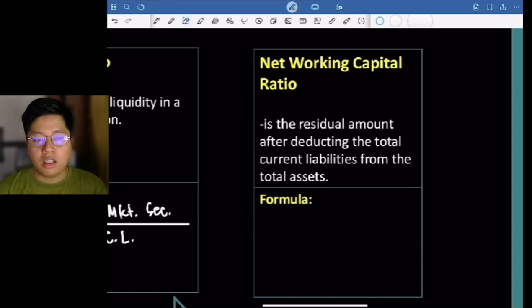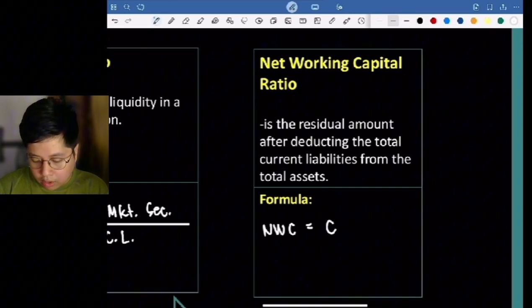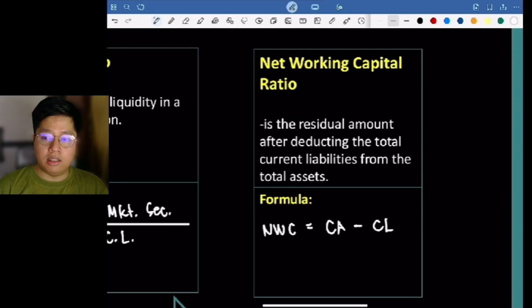Here, the net working capital is the residual of only the current portion of both the assets and the liabilities. Let's write it here. Net working capital is equal to your current assets less your current liabilities.